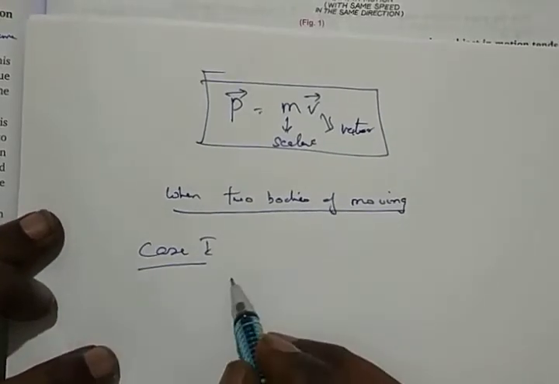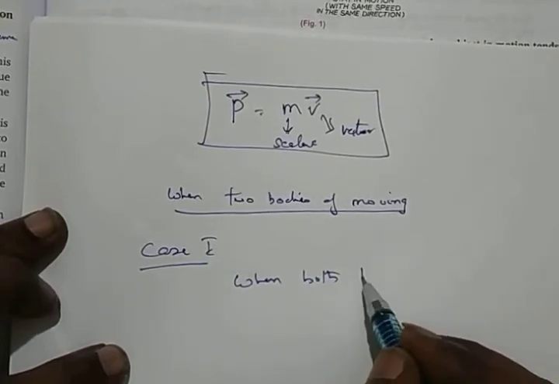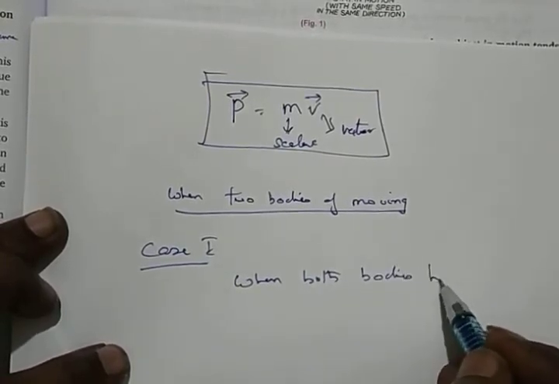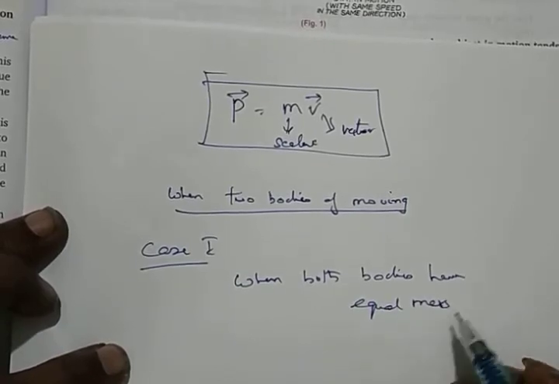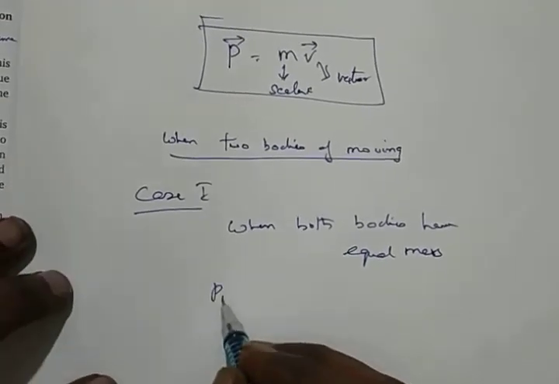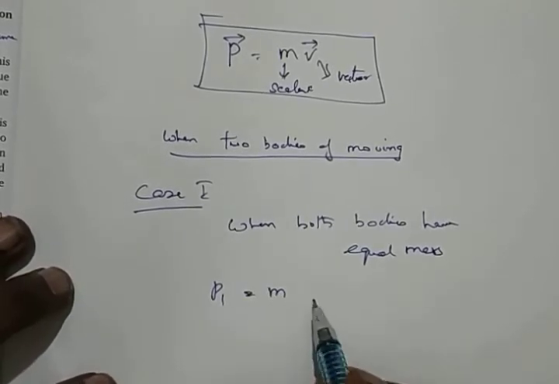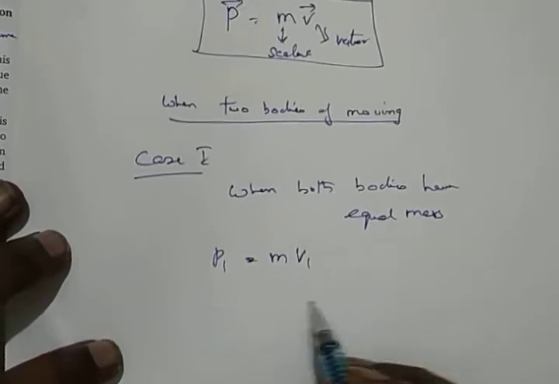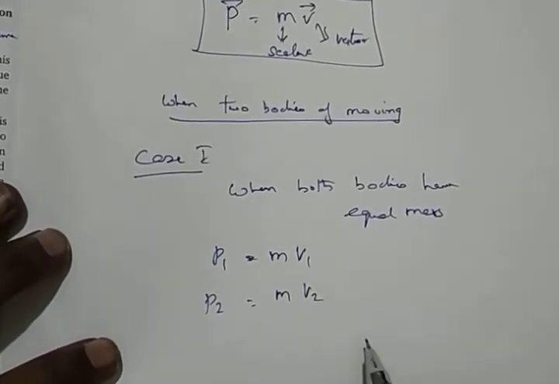The first case is when both bodies have equal mass. The first body is moving with momentum p1, mass m and velocity v1. The second body is moving with p2, having the same mass with velocity v2. Remember, both of them have the same mass.